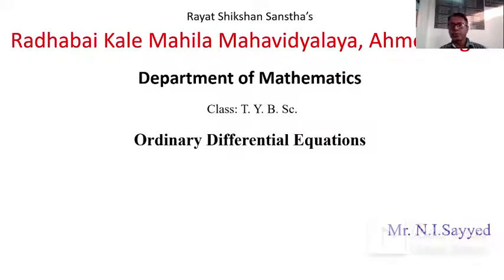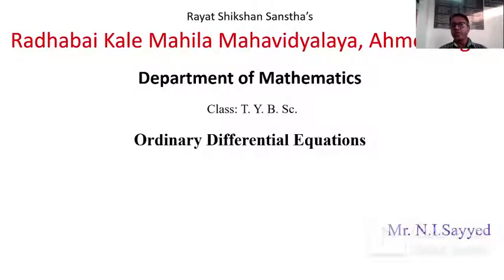Last time we have seen that if in the non-homogeneous linear differential equation with constant coefficient, q of x is of the type x into v, where v is a function of x, then how to obtain its particular solution?